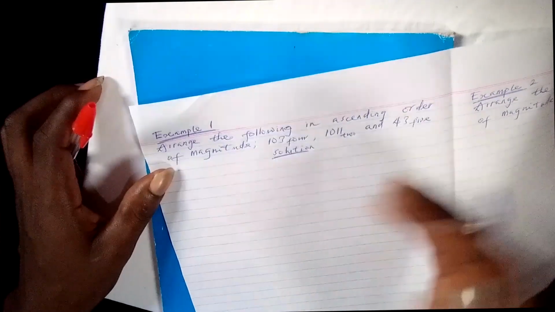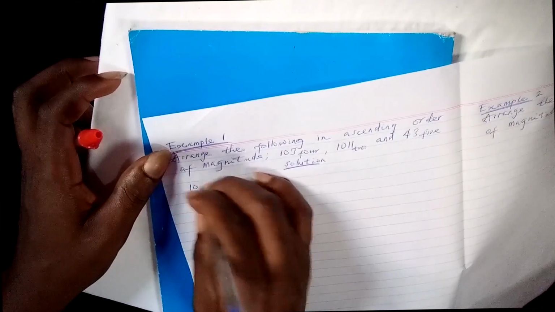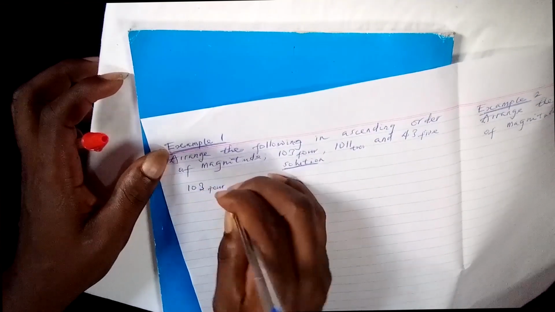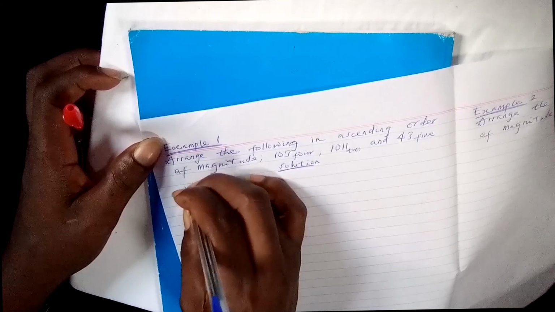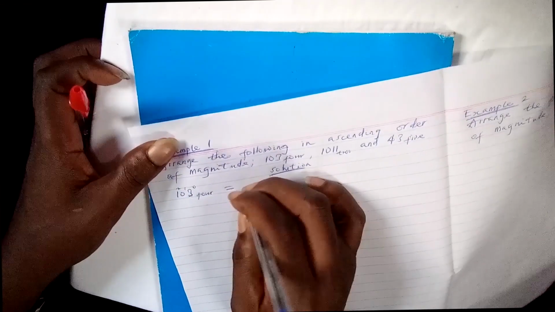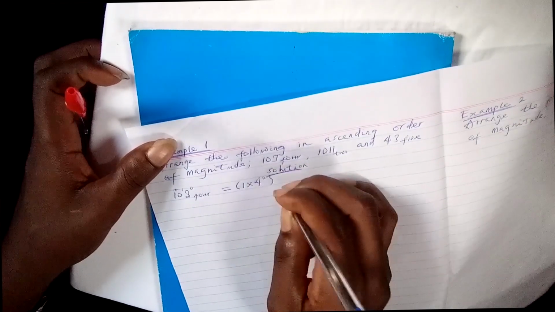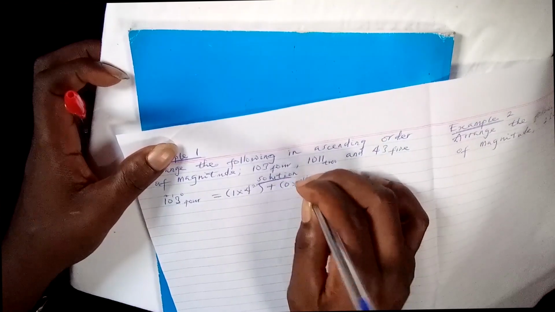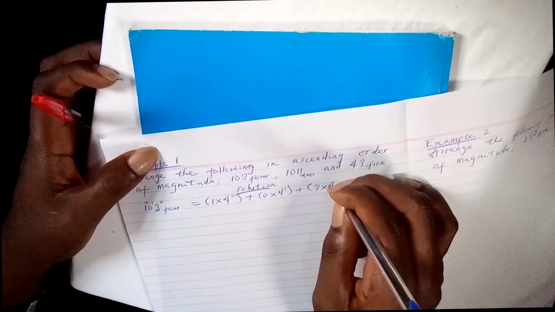We are now coming to convert 103 base 4 to base 10 numeral, and this could be done using the expansion approach. That is 103 base 4 is equal to, first we write the powers here, and this will go with like 1 times 4 power 2 plus 0 times 4 power 1 plus 3 times 4 power 0.